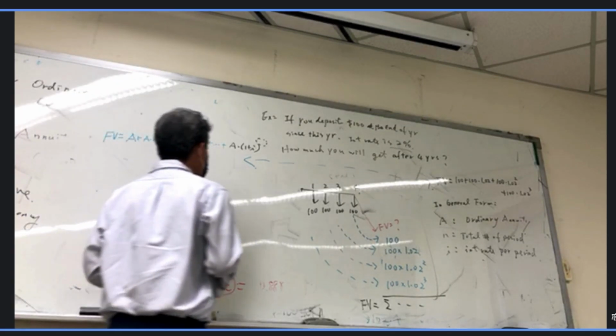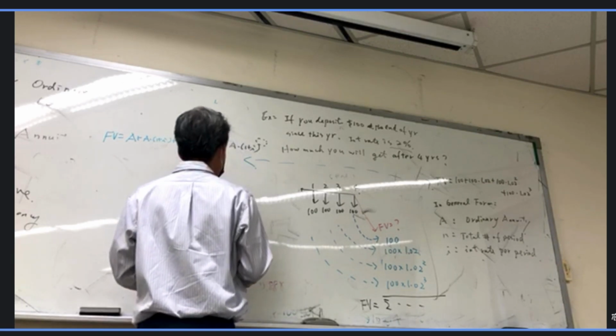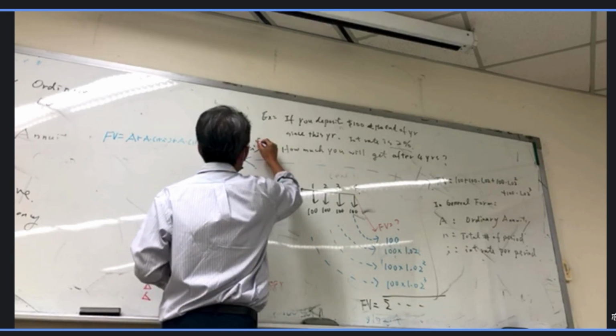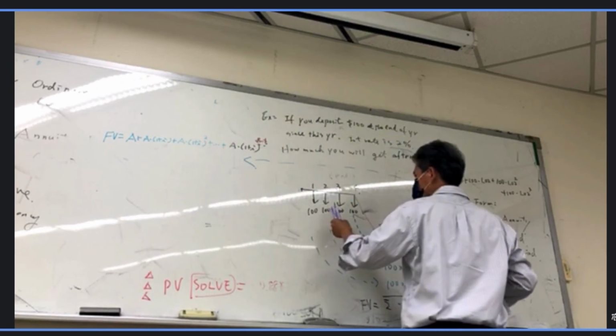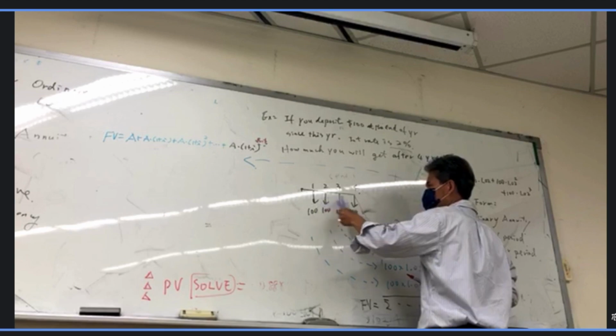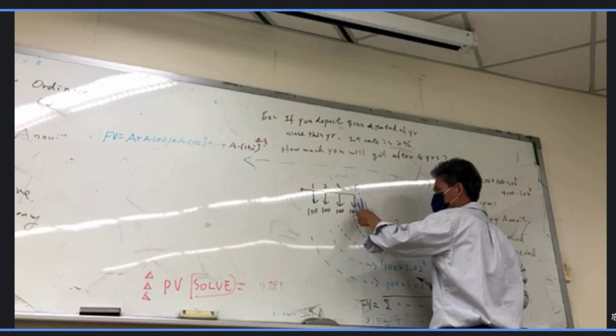Be careful: it's not always n as the last term but n minus 1, because this is an ordinary annuity.